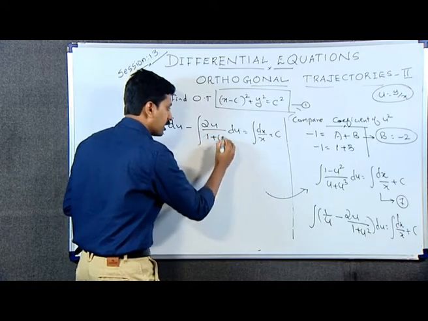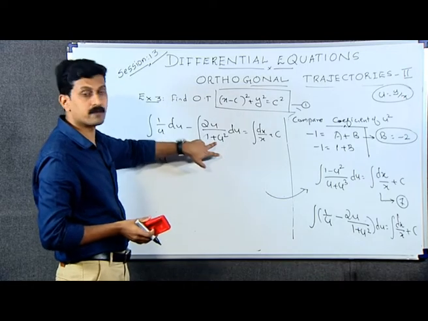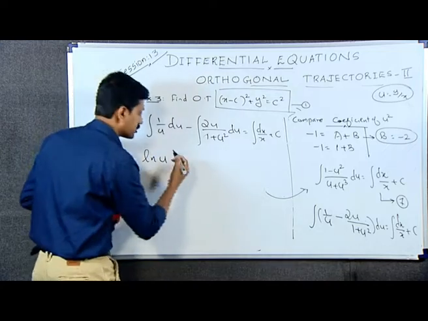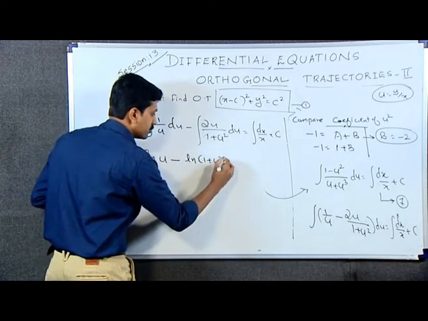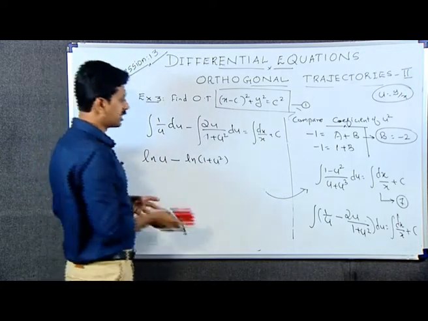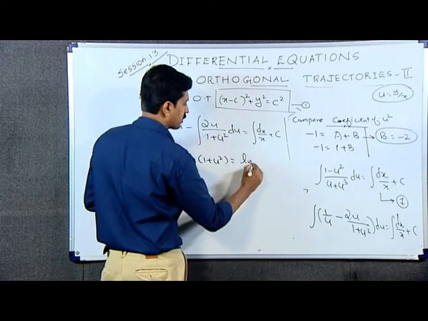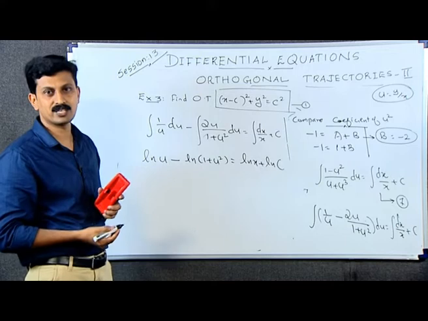Therefore, the derivative of the denominator is in the numerator, so the logarithm of the denominator is the value of the integral. We can write this as logarithm of 1 plus u square, and this is equal to log x. For convenience, I am writing the constant as log c.